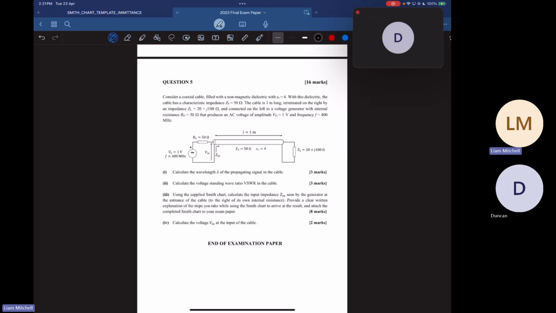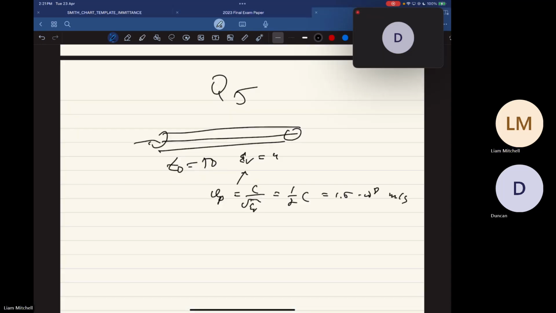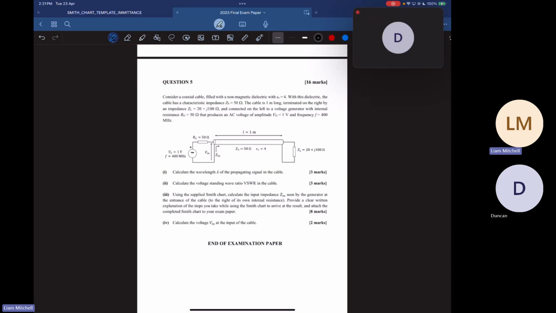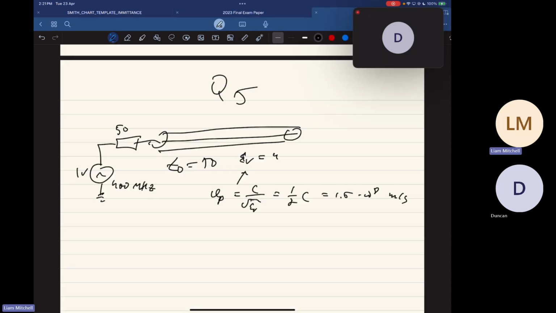Then we have a matched generator at 400 megahertz, one volt amplitude, 50 ohms internal resistance, and on the end we have 20 plus J100 ohms. And length is 1 meter.